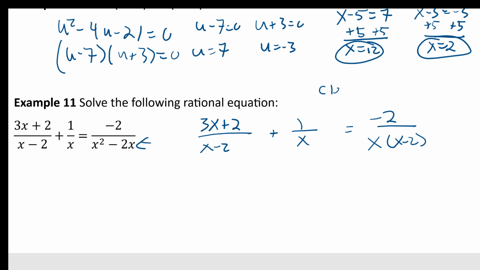I'm going to write a note here. Clear out the denominator. We do that by multiplying by the LCD.